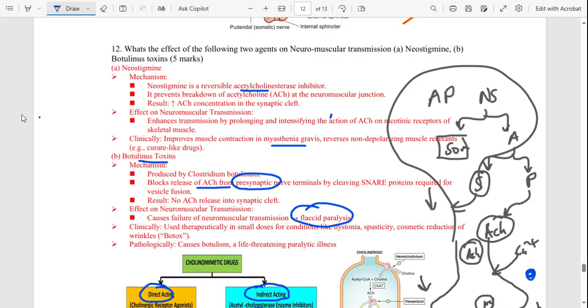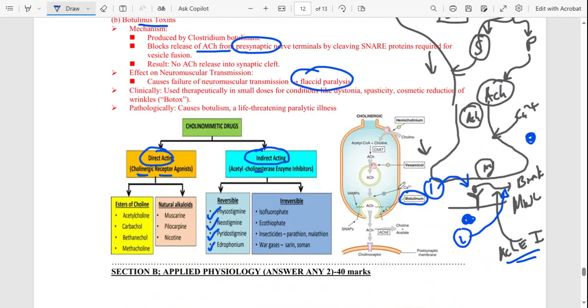Of course, you have got other drugs, because for you to form acetylcholine, you need acetyl-CoA and choline. But choline comes from the outside of the cell, and there is a transporter here that is required. So there is a drug such as hemicholinium that stops the uptake of choline. So this will lead to acetylcholine not being produced, and so it will not be able to work.